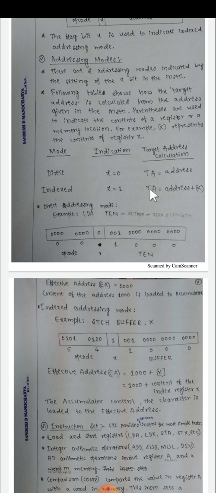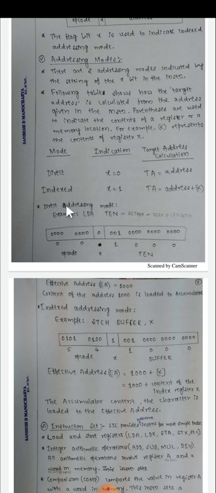The target address is the address plus the content of the register X. So this time we cannot take only the original address as the target address; we have to add the content of the register X. X is an index register, and its content will be added to this address, then we will get the target address.